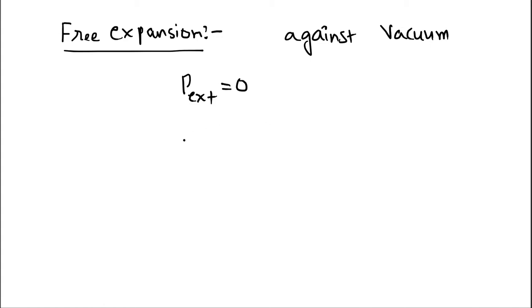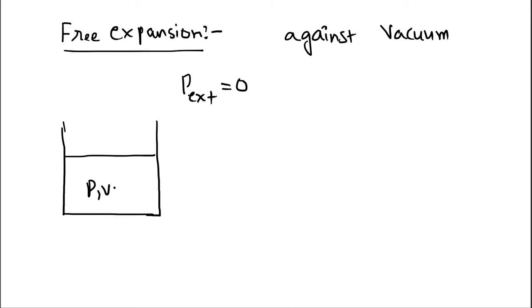So what happens here? Initially we have taken gas at V1, that is expanding to the final value V2, and V2 is greater than V1. So let's put it in a diagrammatic, pictorial way.